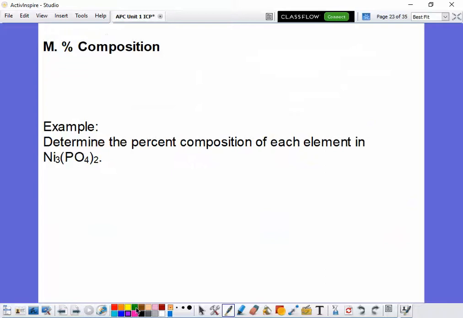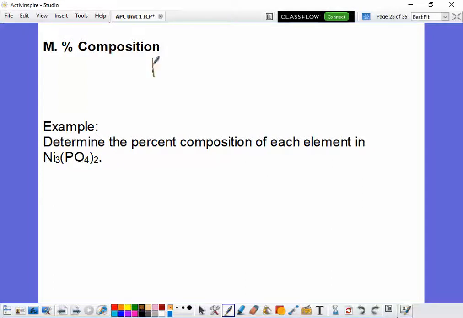Percent composition, I just have one problem of percent composition, just to run through, practice that. In general, how do we find percent of something? Yeah, part over the total, or part over whole, then times 100.